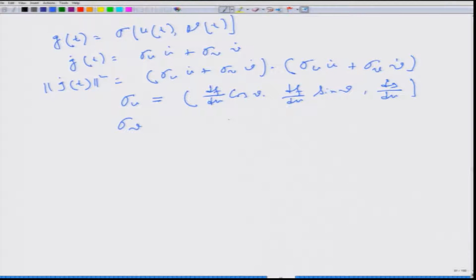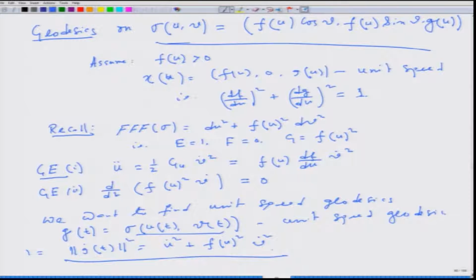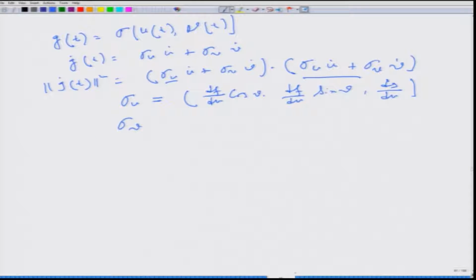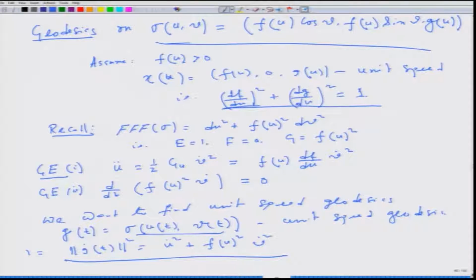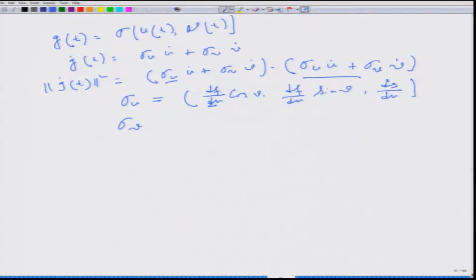Similarly calculate sigma_v and the cross product terms, and you will get this expression. You have to use that gamma is unit speed: the df/du squared and dg/du squared terms combine, because sin and cos give df/du squared plus dg/du squared equal to 1.